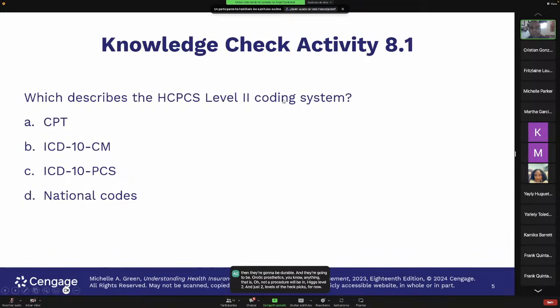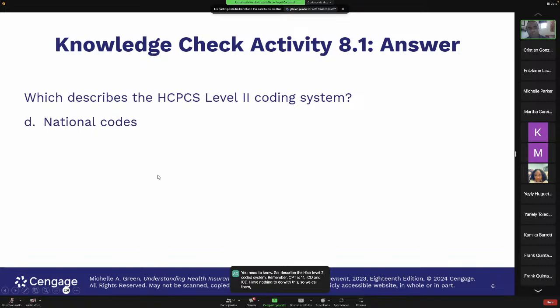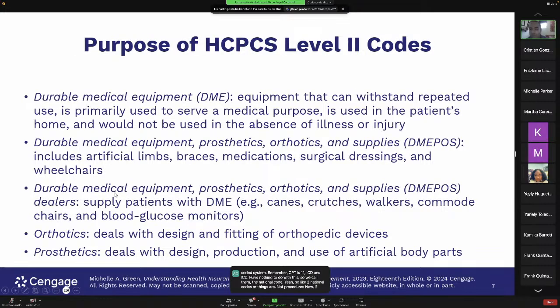You need to know how to describe the HCPCS level 2 coding system. Remember, CPT is level 1, and ICD has nothing to do with this, so we call them the national codes. HCPCS level 2 are national codes for things that are not procedures. Now let's do a few definitions.